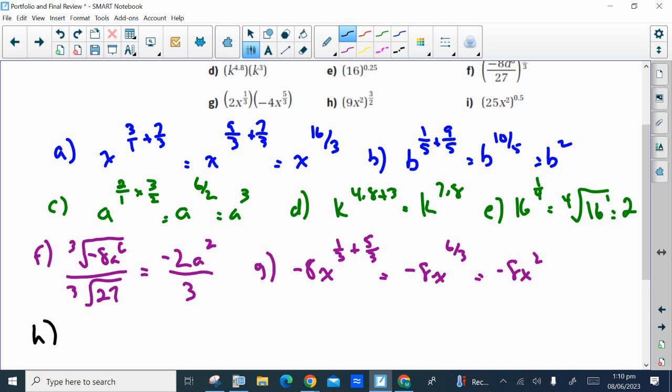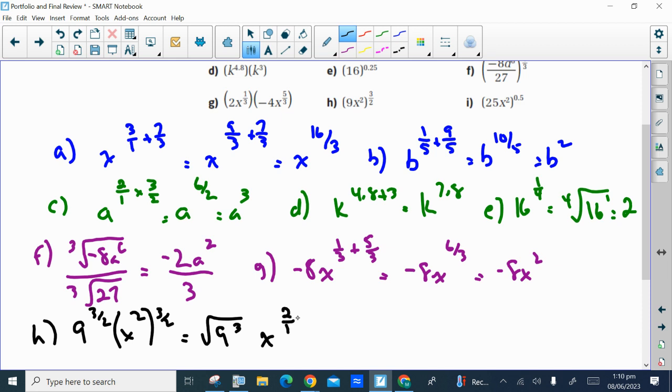For question H, everything inside the bracket is raised to the power 3/2. The 9 is raised to the 3/2, and the x squared is raised to the power 3/2. When you raise 9 to the 3/2, that's the square root of 9 cubed. The denominator tells you what root it is, the top number what power it's raised to. For the x, you're going to multiply the exponents.